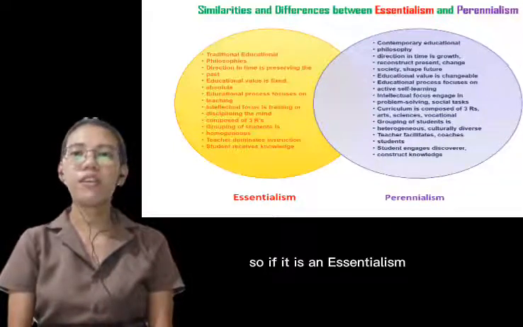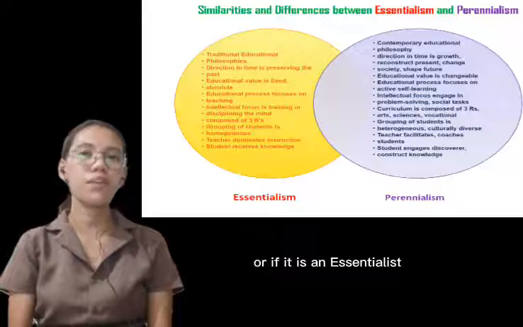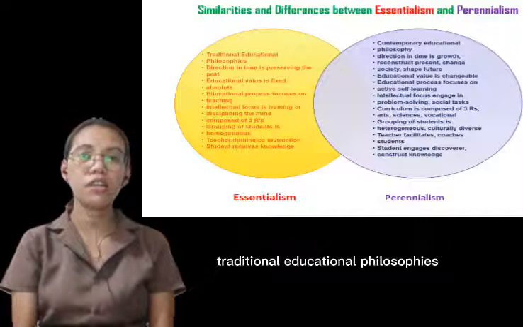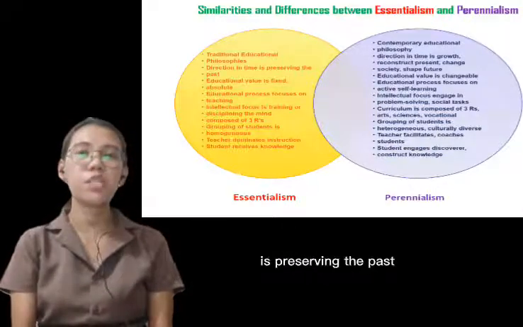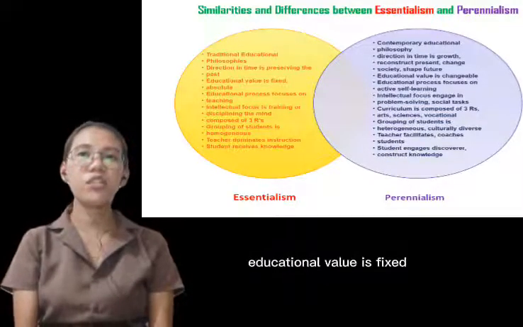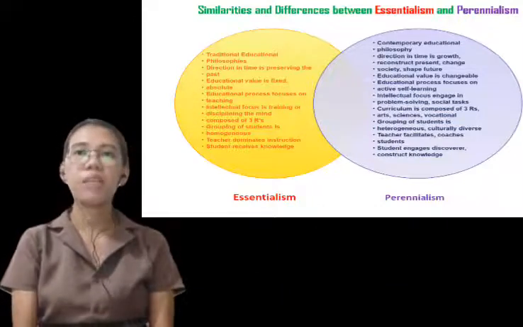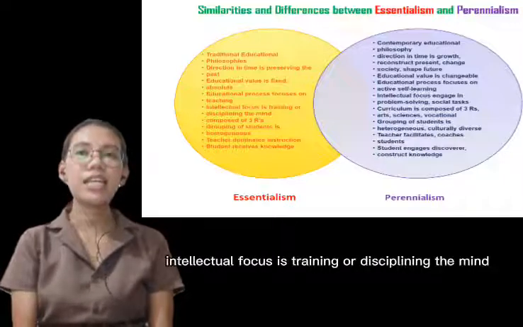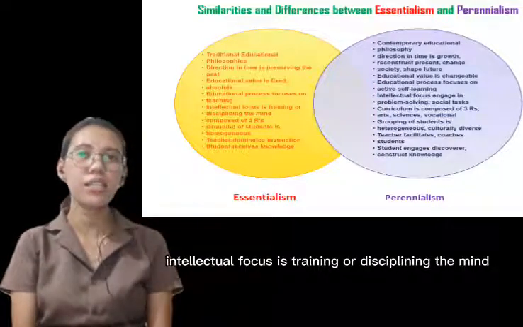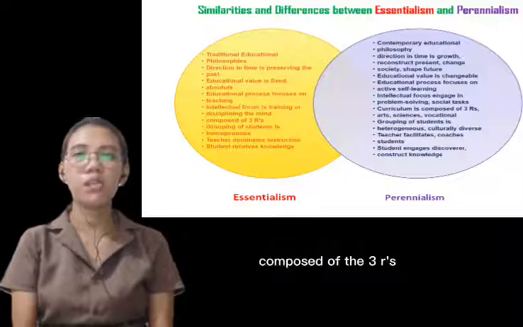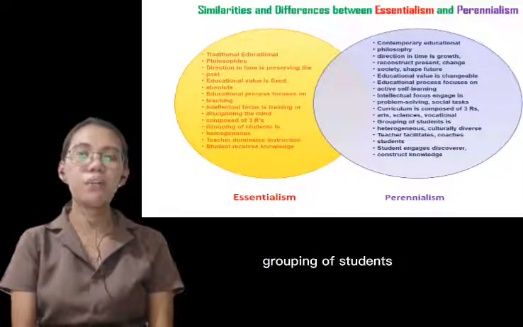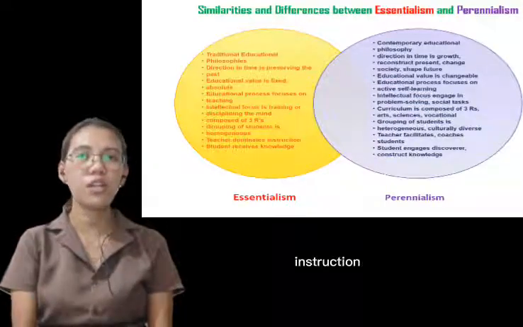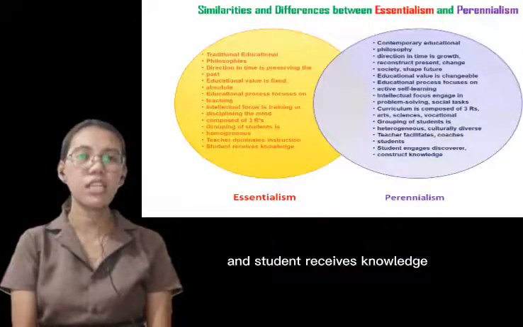If it is an essentialist curriculum: traditional educational philosophy, direction in time is preserving the past, educational value is fixed, absolute, educational process focuses on teaching, intellectual focus is training or disciplining the mind, composed of the three R's, grouping of students is homogeneous, teacher dominates instruction and student receives knowledge.